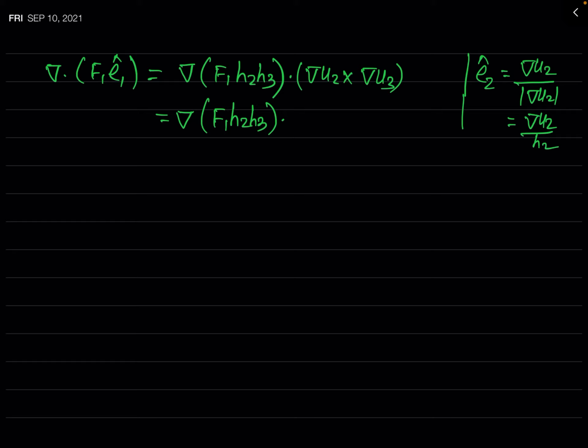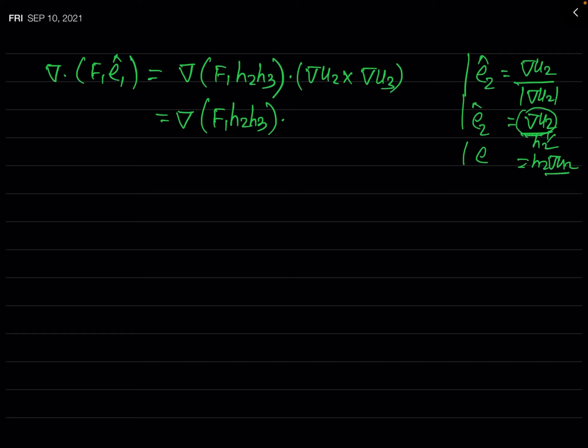So mod of del u2 is 1 over h2, and e2 hat is h2 del u2.